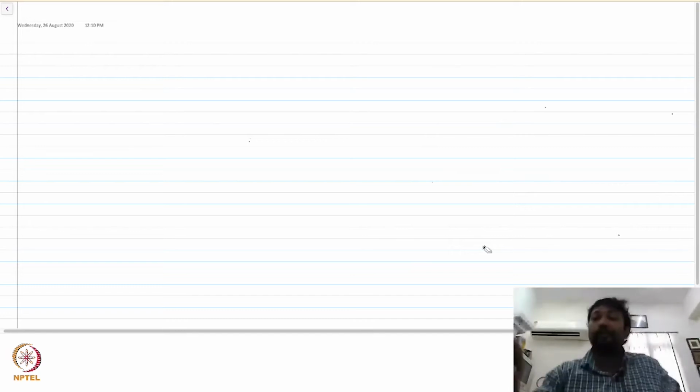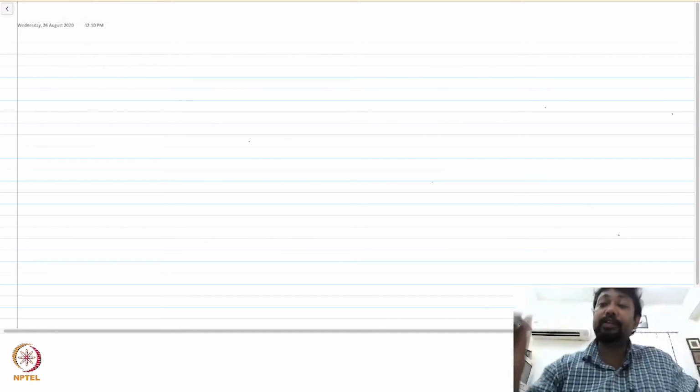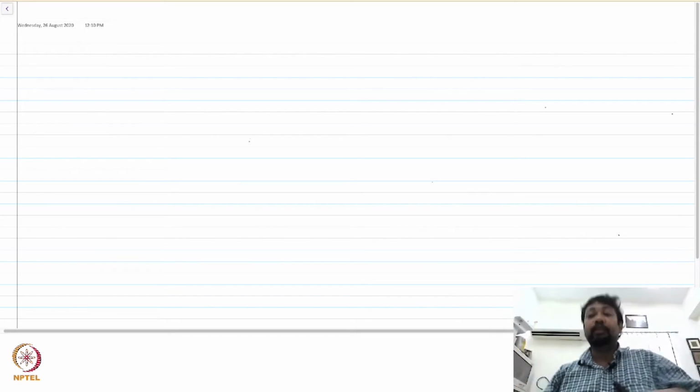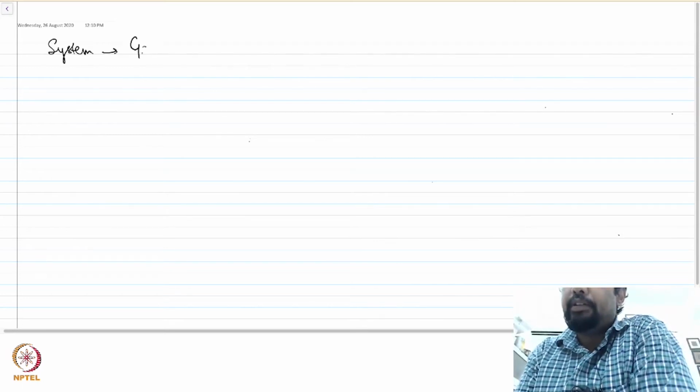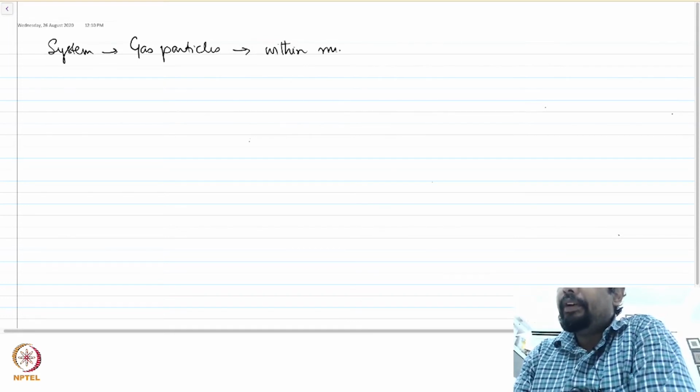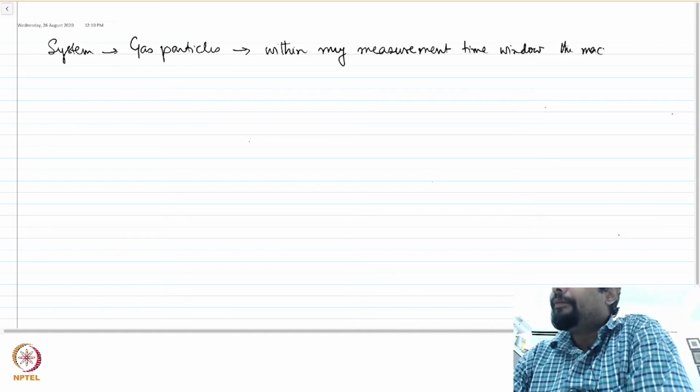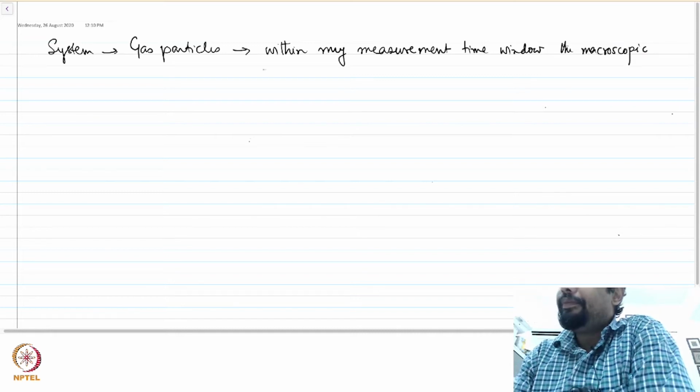Now let's take a specific example. Well, we just saw that one of the systems we considered was gas particles, and here I can see that within my measurement time window, the microscopic variables have not changed.